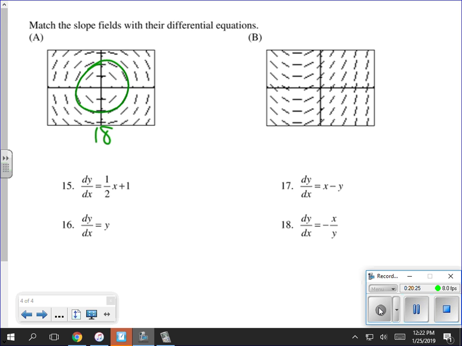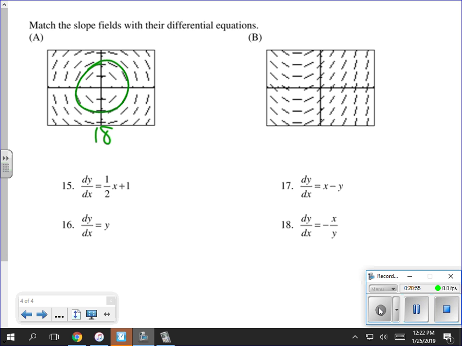So I look at the next one and I go, okay, does it have horizontal or vertical or both? Do I have a pattern? It looks like I have every slope the same vertically. Every single slope vertically is the same, which means it depends upon x, not upon y.